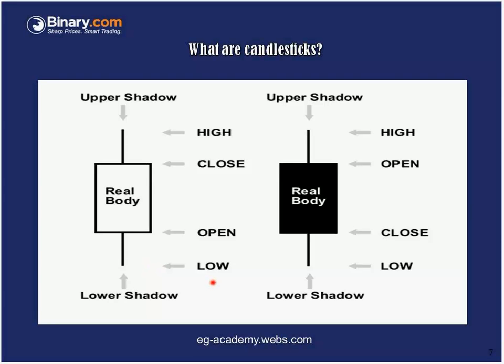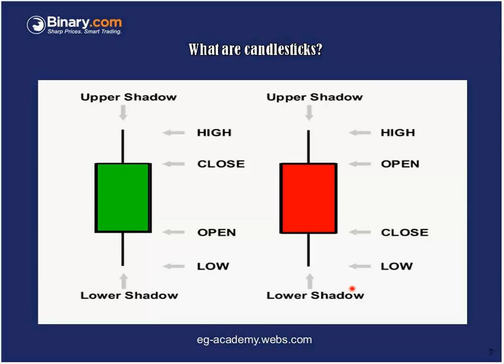Most trading platforms today will allow you the option to change the color of the candlestick you see on your chart, so it doesn't really matter. Let's use green to represent a bullish candlestick and red to represent a bearish candlestick. A bullish candlestick represents market prices moving up.